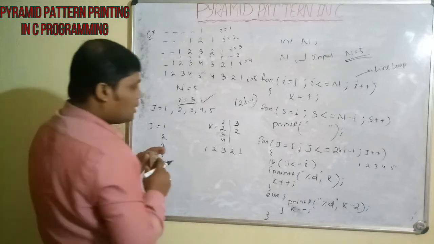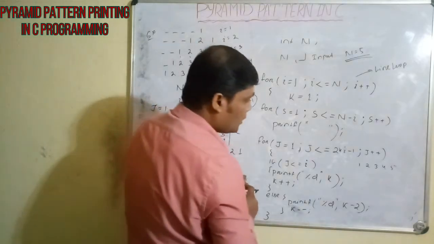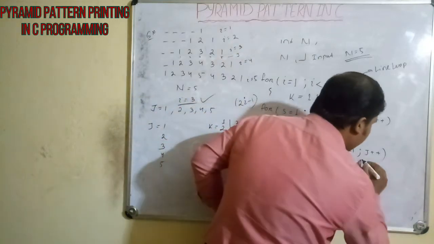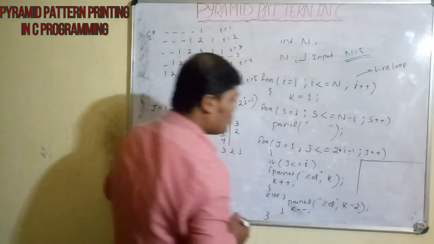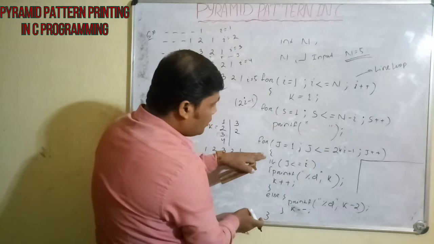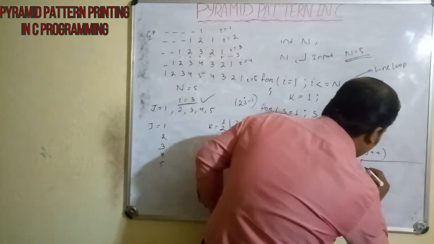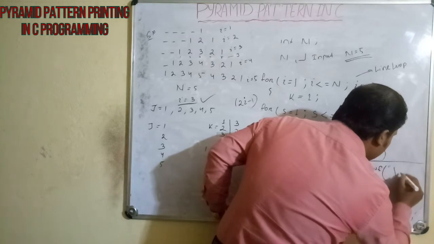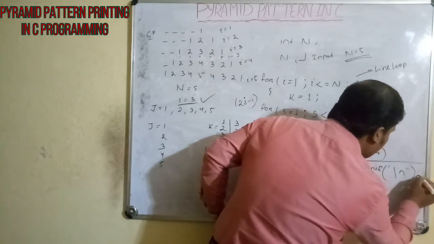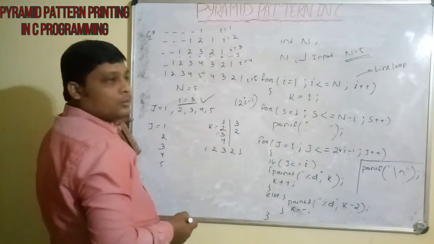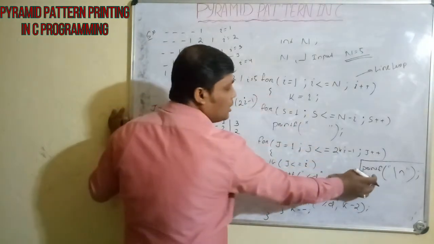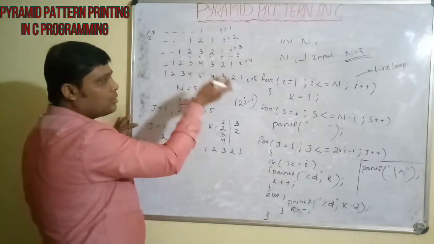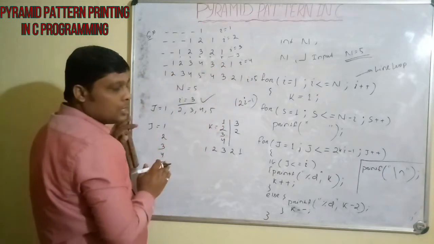Clear? And outside j loop, I am just writing the rest of the coding part. After this j loop, we have to print printf backslash n. When it is going to the next line, next I, it should go to the next line to print all the numbers and spaces in the next line.